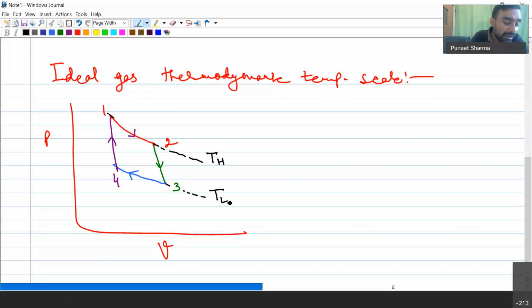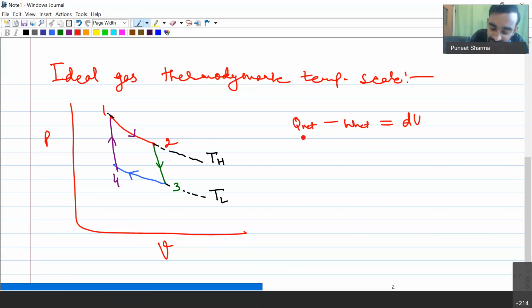Now what will be happening if I apply the first law of thermodynamics equation here? Let me first write down the generalized form. Q net minus W net will be equal to dU.